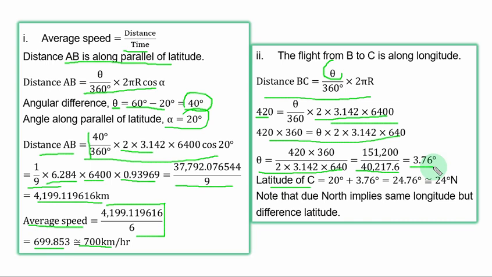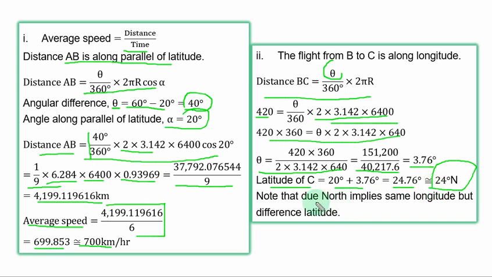So latitude of C is 20 degrees plus 3.76, and that is 24.76 degrees, approximately 24 degrees north.